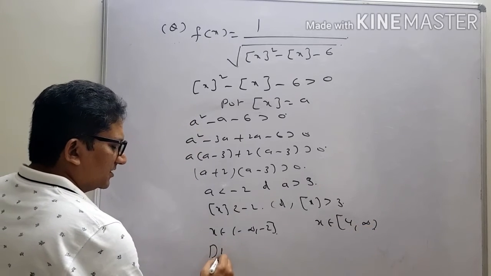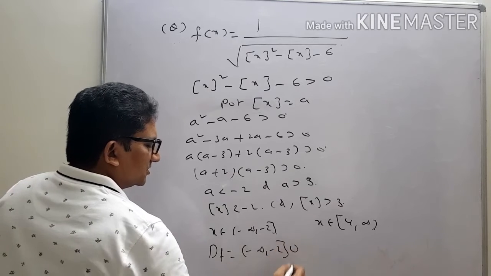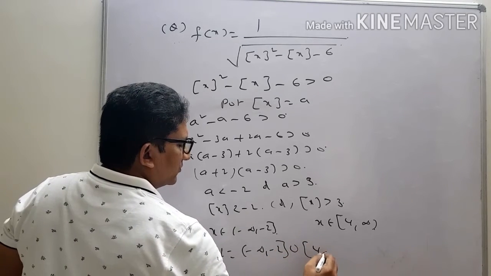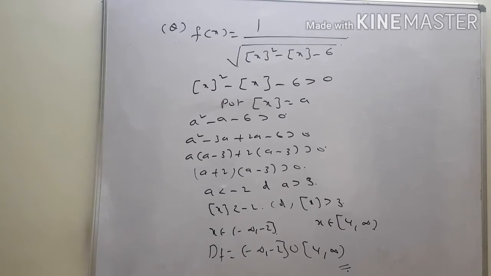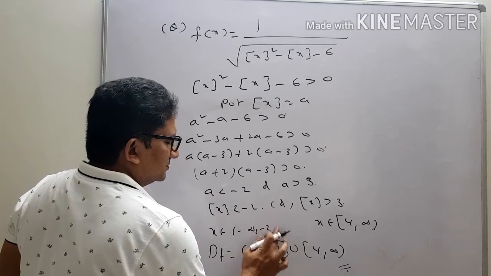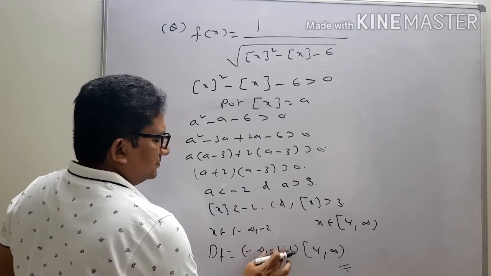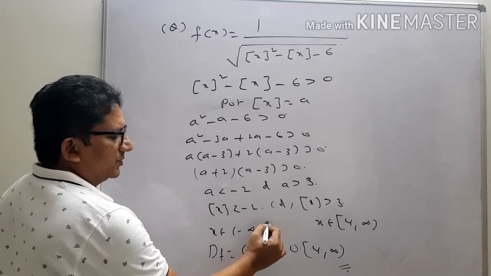So the domain of the function is minus infinity comma minus 2 closed interval union 4 to infinity. So minus 2 is open, sorry. So here minus 2 is open.